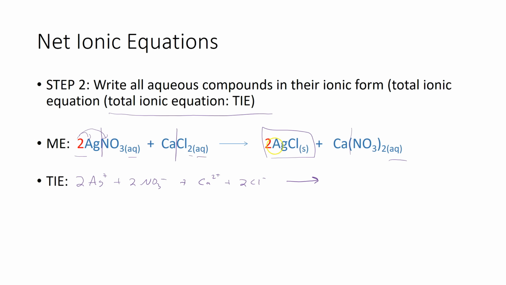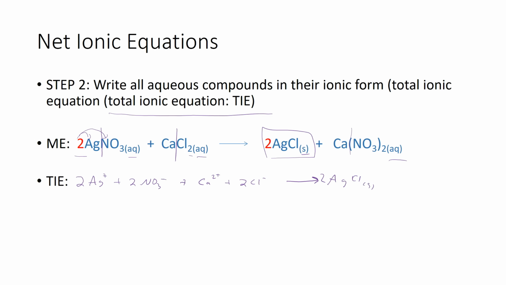So my right-hand side now is going to be 2Ag+ 2Cl-. Again, oh, whoops, I just screwed that up. Holy cow. Sorry, I almost made the mistake that many of you guys are going to make. That's solid. I do not change that. That's AgCl, solid, like that. Easy to do because I almost did it.